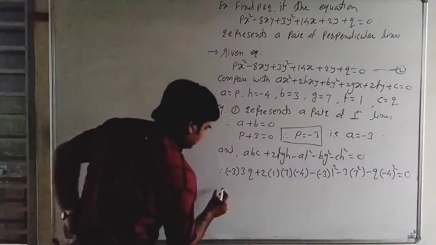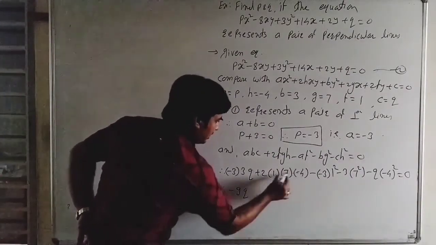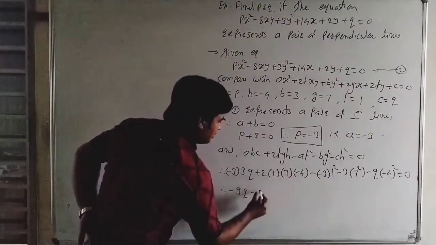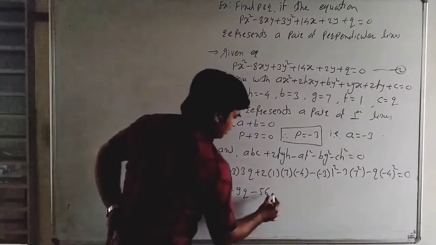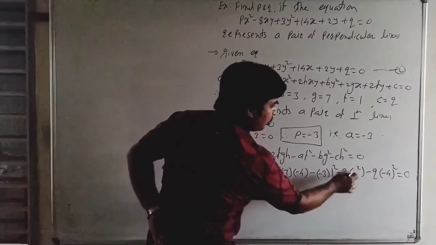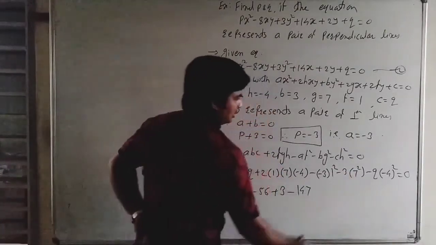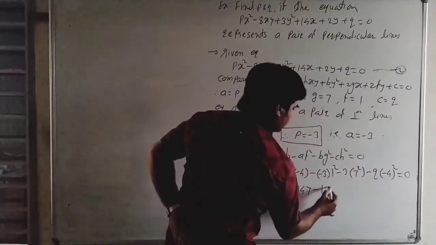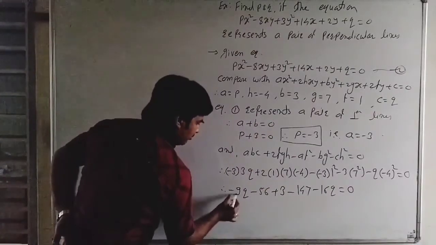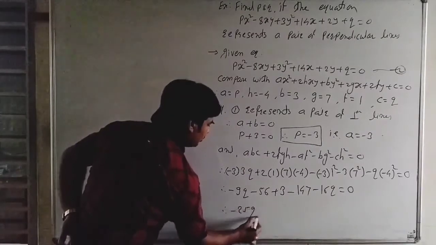Okay. Now calculate. It is minus 9q minus, 7 into 4 it is 28, it is 56. Then plus 3 minus, 49 into 3, 147, and minus 16q is equal to 0. Therefore, minus 9q and minus 16q, minus 25q.